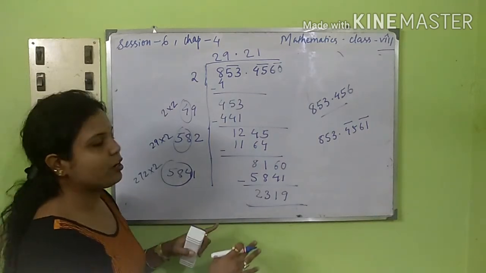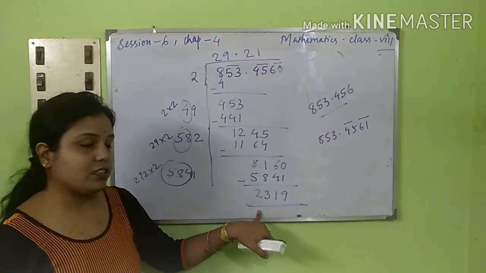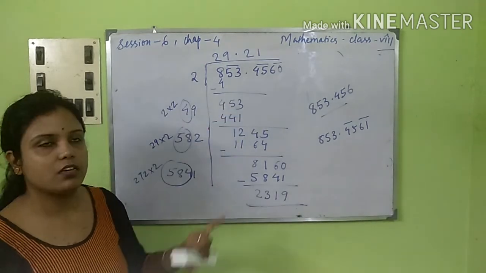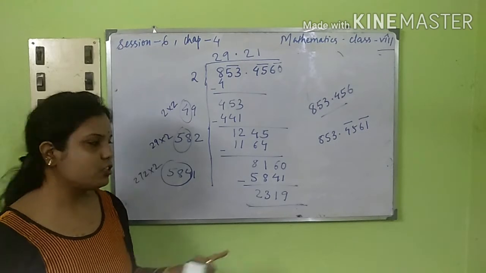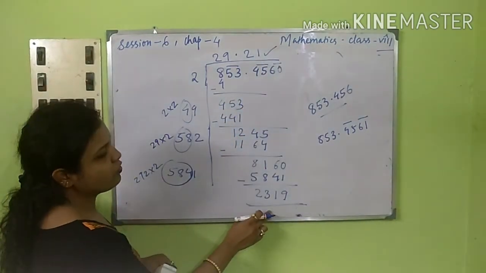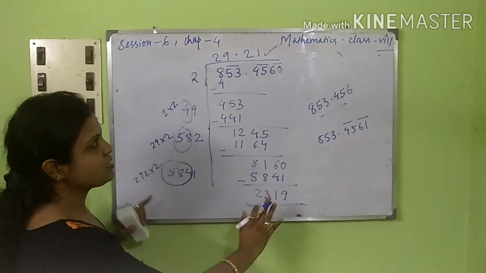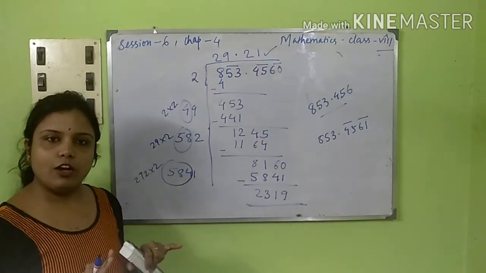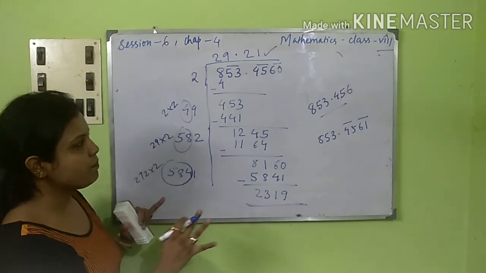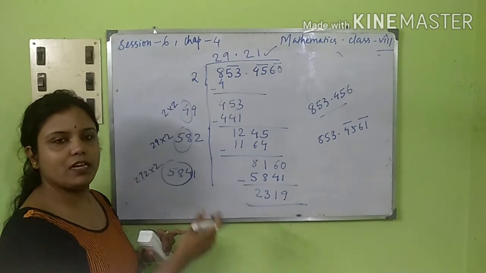This remainder is still remaining because it's not a perfect square. So the quotient will be this and the remainder will be 2319. This is how we do our long division process in case of decimals. Please repeat it once more. You can rewind it and see.